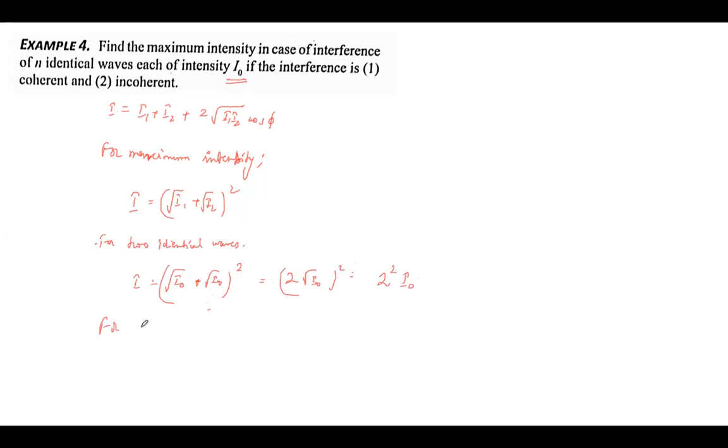So for n identical waves, net intensity I will be (root I naught plus root I naught plus root I naught plus n times) तक ये जाएगा का होल स्क्वायर. सो n स्क्वायर I naught हो जाएगा मैक्सिमम इंटेंसिटी.